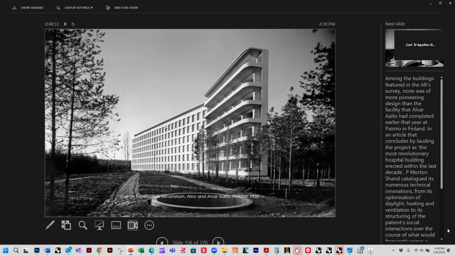So modernism has this moment of ambition, which then gets taken over by air conditioning.